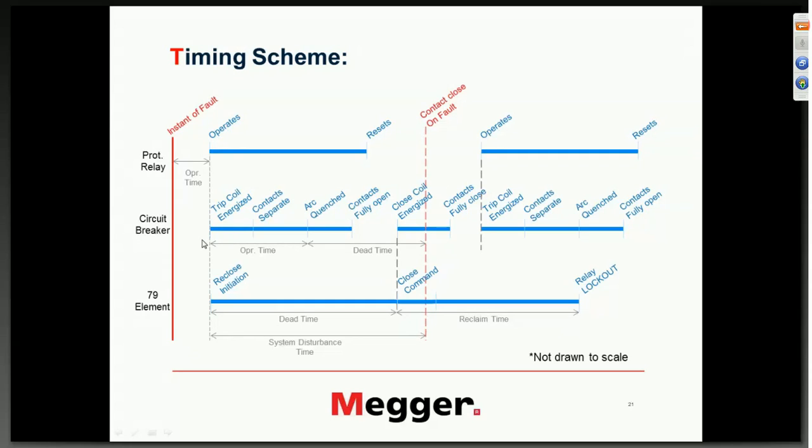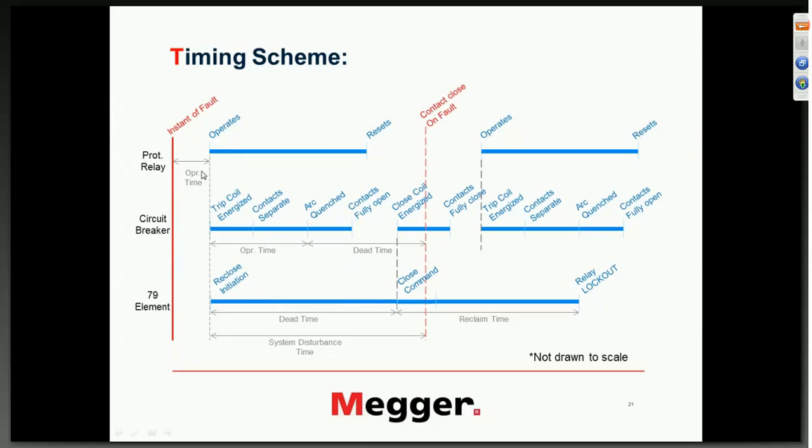All right. So starting from receiving the trip signal from the relay until the arc is quenched, it is called the operation time of the circuit breaker.